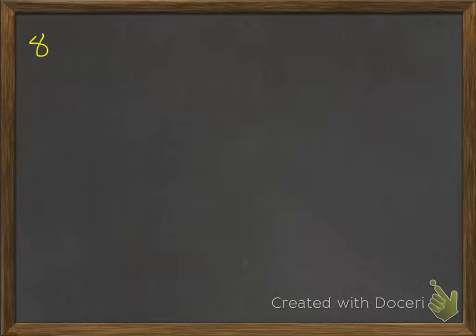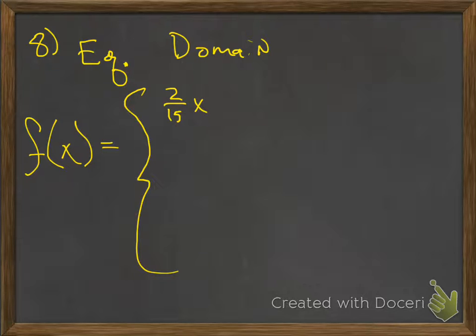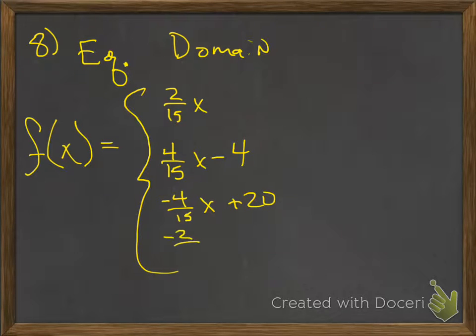Okay, the piecewise function. For number 8, we want to use the equations and the domain to help come up with a piecewise function, which in this case is equal to 2/15x, 4/15x minus 4, negative 4/15x plus 20, negative 2/15x plus 12.